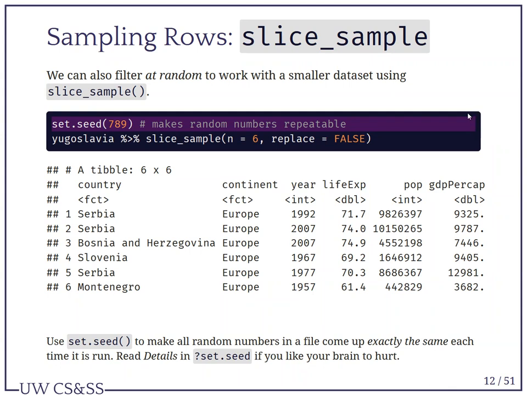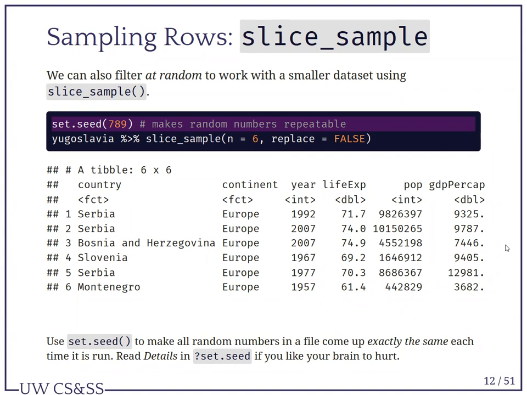So if you'd like to understand what's going on to make something that's being drawn at random reproducible, you can read the details in the set.seed, but it's kind of wild. I think the math and construction of making randomness reproducible is too much for my brain, but maybe you'll have fun doing that.